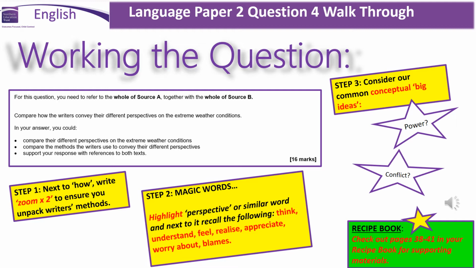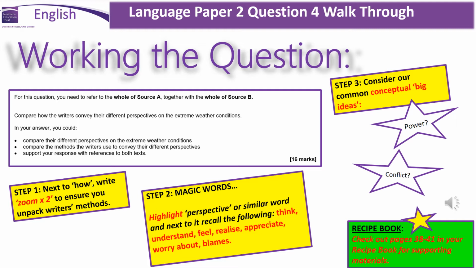And if you recall those magic words, when you are writing up your answer, you must ensure that you include at least one of those magic words in every element of your PEEL paragraph. And what that will mean is that the examiner has got to give you marks because you're answering the question. You're focusing on the viewpoints.